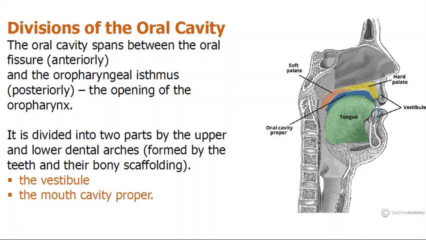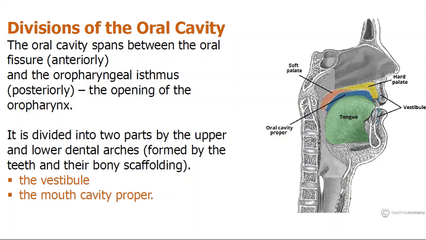The main one, which is the oral cavity proper, we call it the mouth cavity proper, and the other is called the vestibule. And the vestibule, by definition, is the space of the oral cavity outside the dental arches when the teeth are closed or opposite each other.